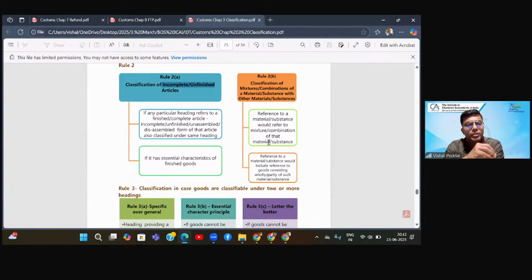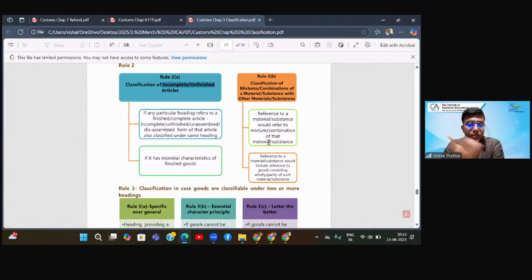Many times salt is put as a preservative. So what you're buying is not salt. What you're buying is the main material, but there is some other material put in that, which is just for some preservative quality.